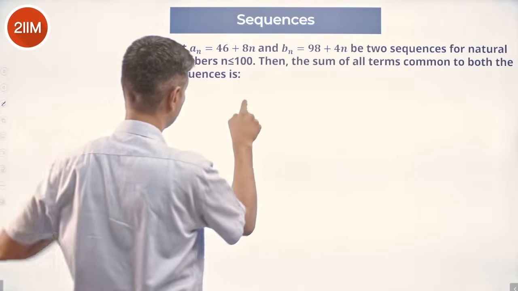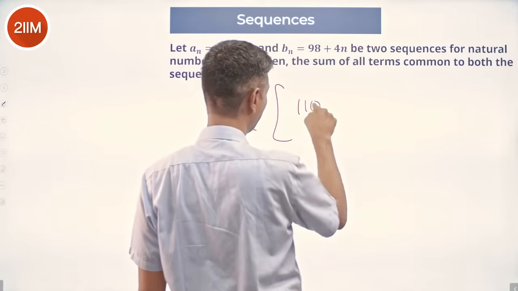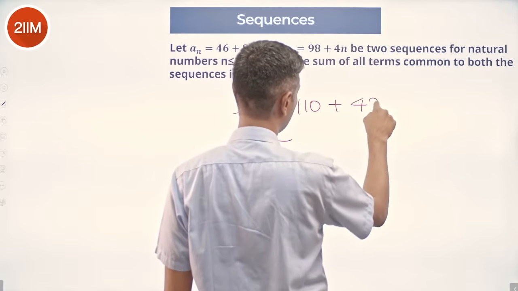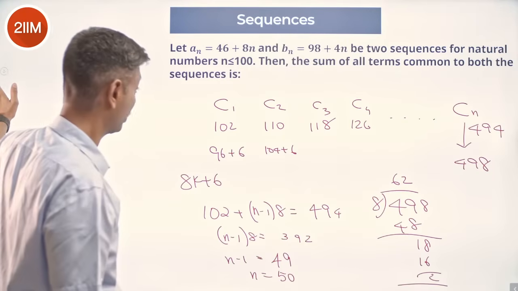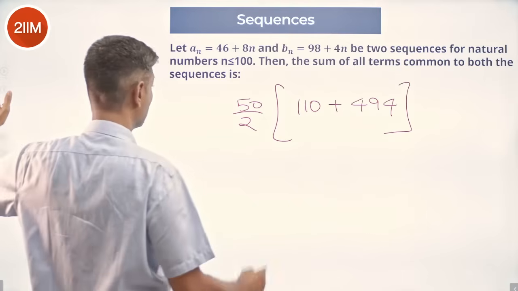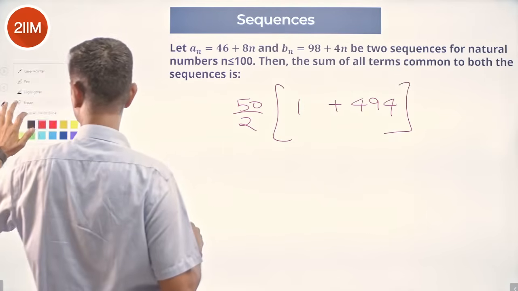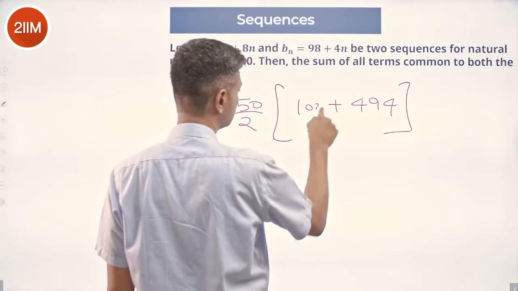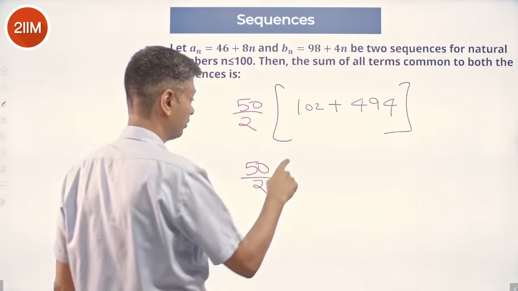Sum of all those terms is 50 by 2 into (102 plus 494), not 110. I'm keeping it as 50 by 2, not taking it as 25.